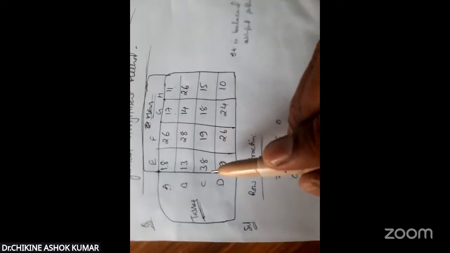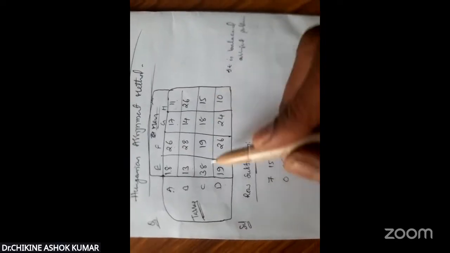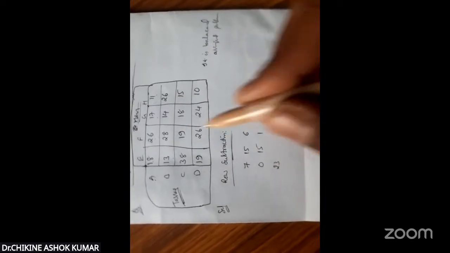Next, in the third row, 15 is the least element. So select 15 and subtract it from the remaining elements. 38 minus 15 is 23, 19 minus 15 is 4, 18 minus 15 is 3, 15 minus 15 is 0.